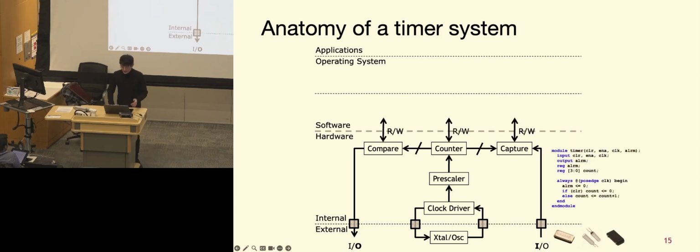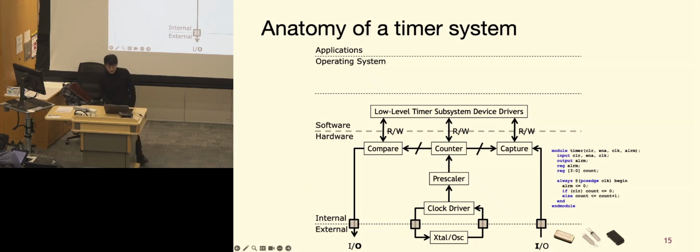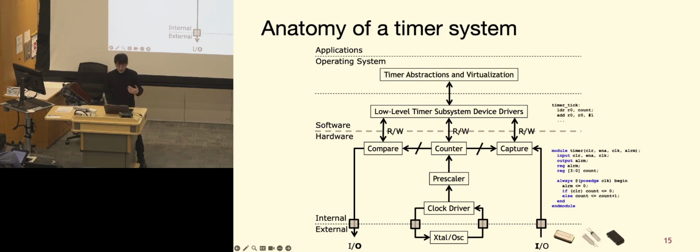Next, we'll be entering the realm of the software. First, we have a lower level timer subsystem. This is typically written in C or assembly, and it handles the interface between the hardware timer and the software you work with. Then we have the operating system, which does some abstraction of time and virtualization.